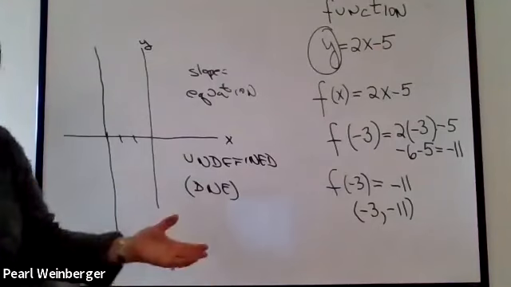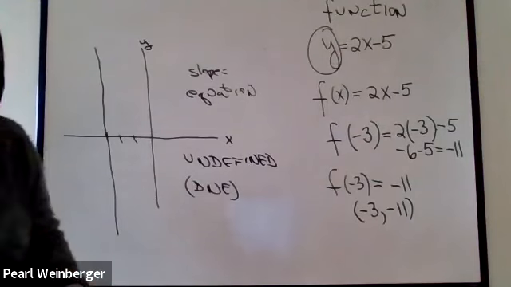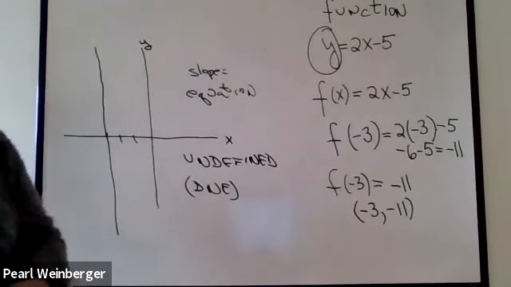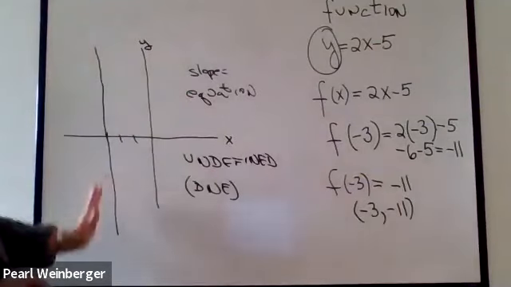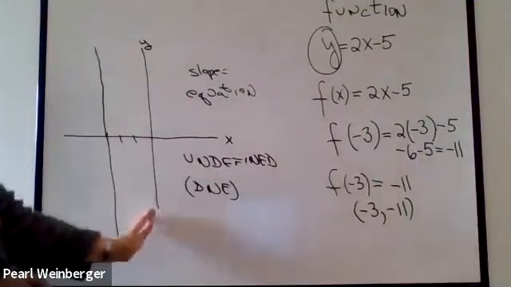If I give you a question and say I have a line whose slope is undefined, you'll know exactly what that line looks like. You'll know that the line has to be one that goes straight up and down. What is the equation of this line? Here's my x-axis, here's my y-axis.